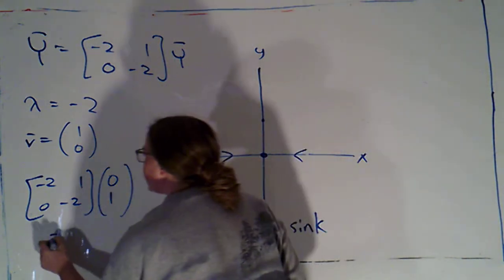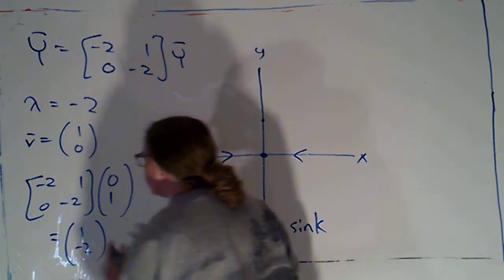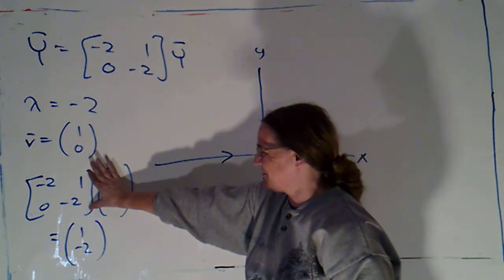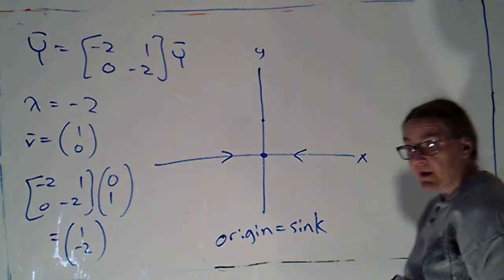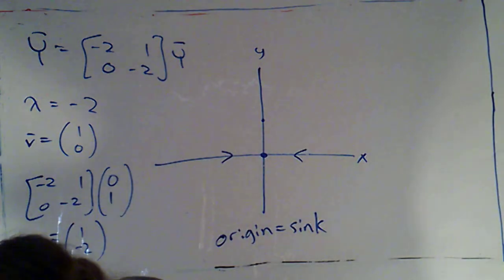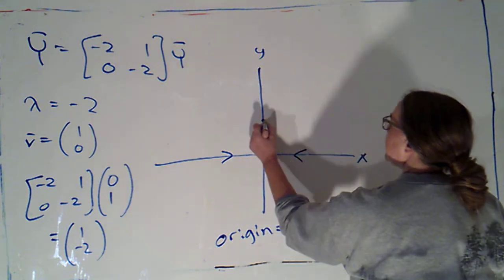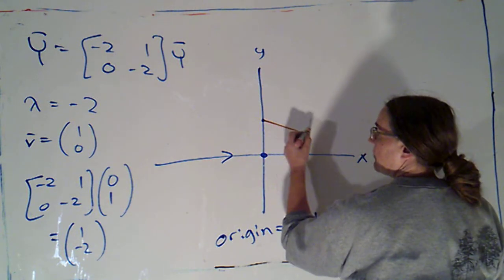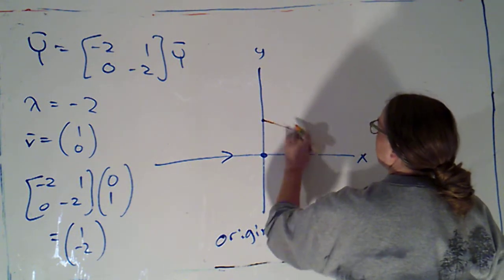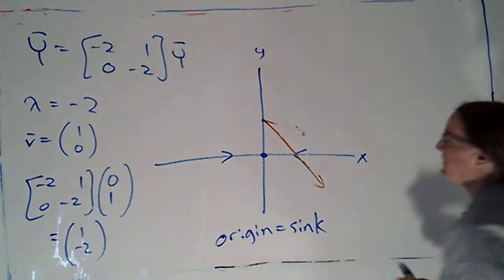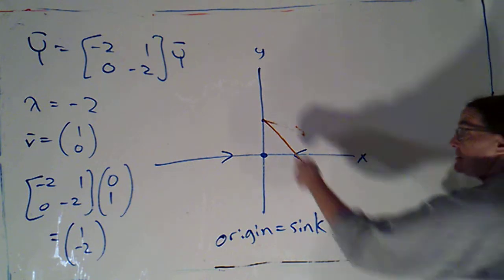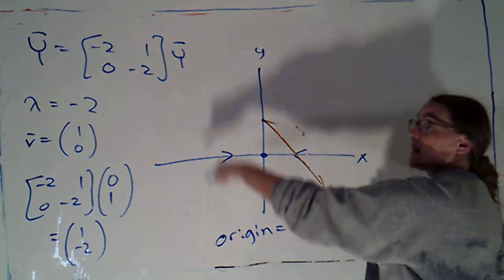Okay. That's going to give me 1, -2. Remember, the shortcut is this just gives me the second column of my matrix. So at this point, the tangent vector is going in this direction, over 1 and down 2, more like so. Okay. That means we're trying to spiral clockwise.